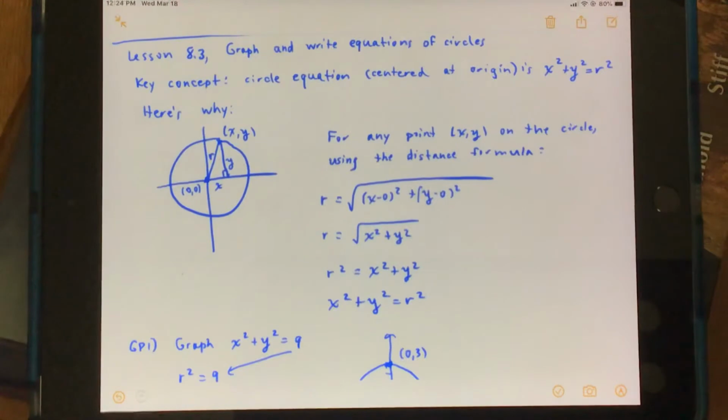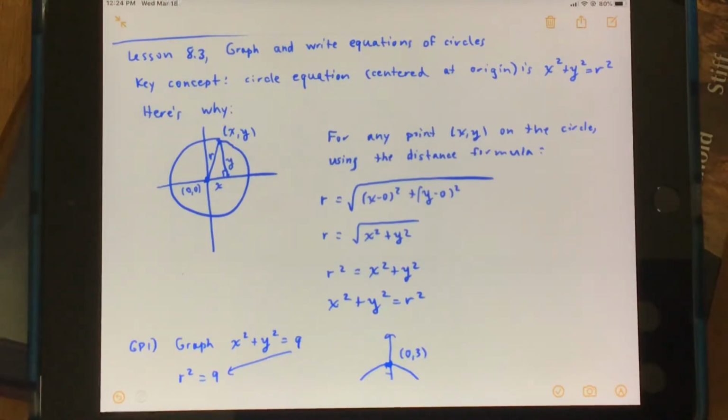Then I can say, well, if I want to know how long that radius is, I can use the distance formula. And recall the distance formula is d is equal to the square root of x2 minus x1 quantity squared plus y2 minus y1 quantity squared.